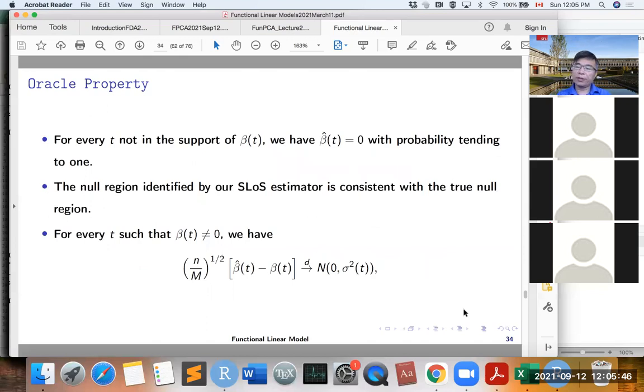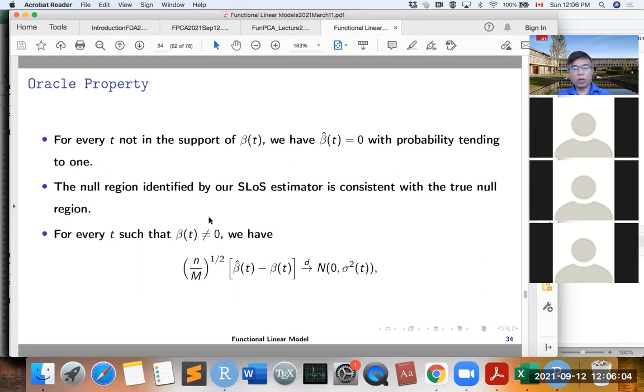We have shown that this functional Scad penalty has oracle properties. If the true beta t equals 0, then beta hat t will be equal to 0 with probability tending to 1.